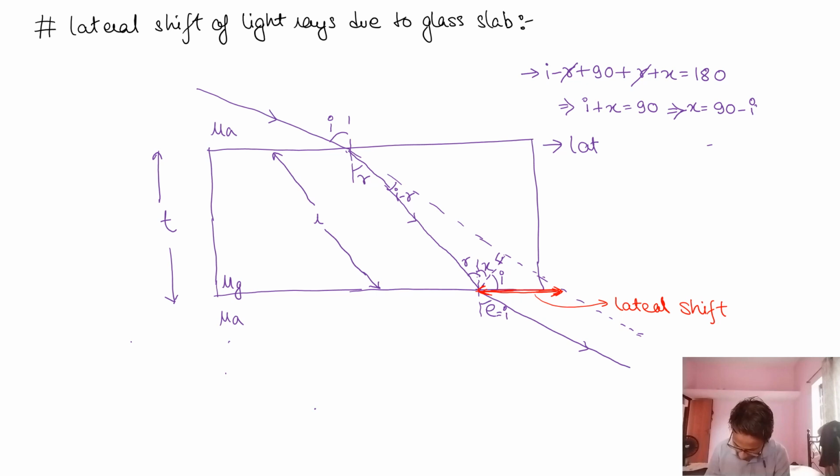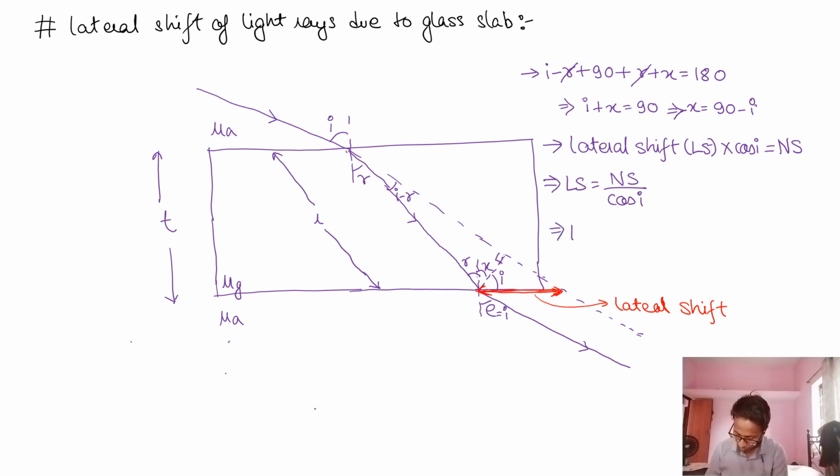So lateral shift, or LS, into cos i is equal to normal shift, which is termed as NS. So lateral shift is equal to normal shift by cos i. And what was the value of normal shift?